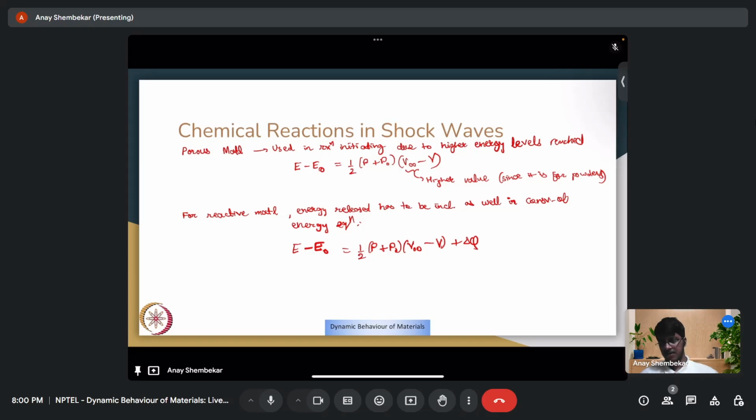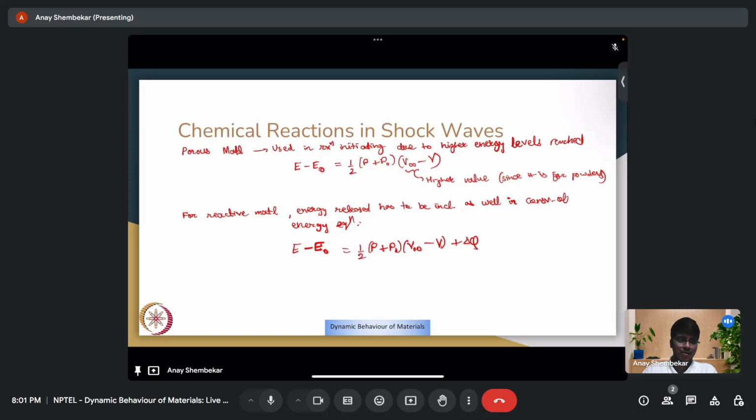Then we looked at a materials perspective, delving into two well-known cases, phase transformation in iron and phase transformation from graphite to diamond. And the final part was related to chemical reactions, wherein we looked at how a mixture of powders would come together for a chemical reaction under shock waves, and what kind of reactions we have.